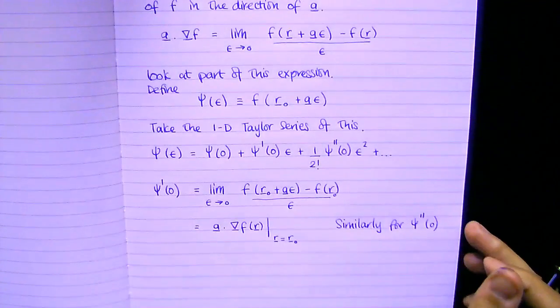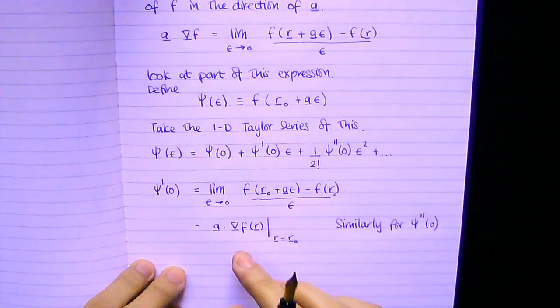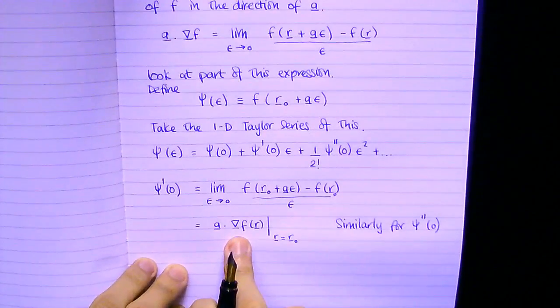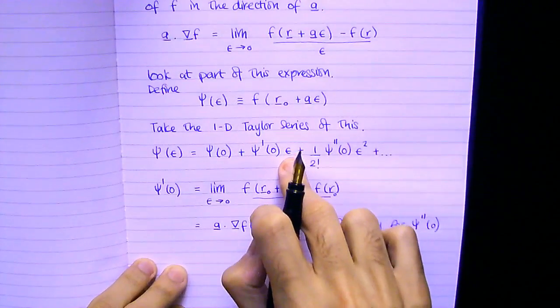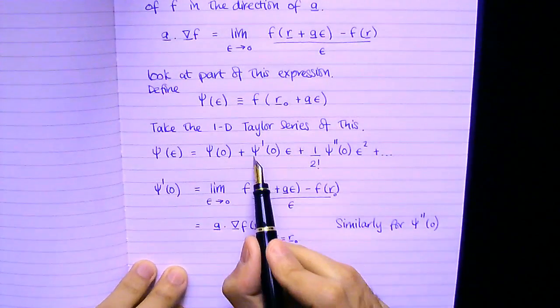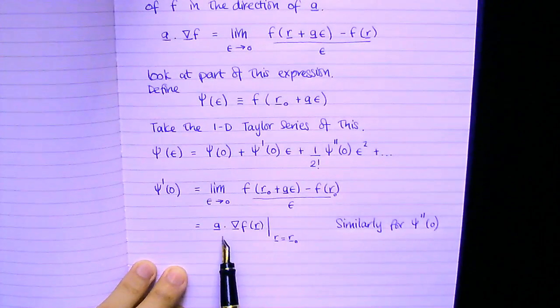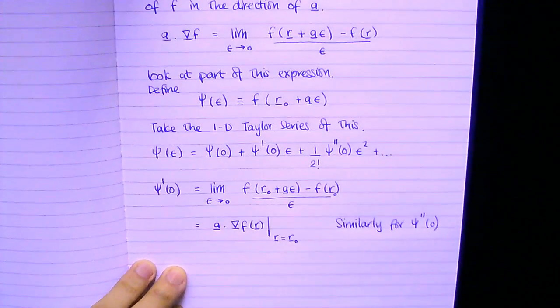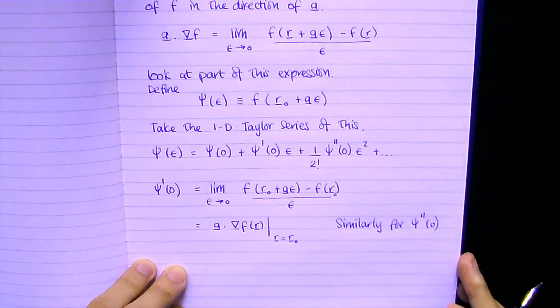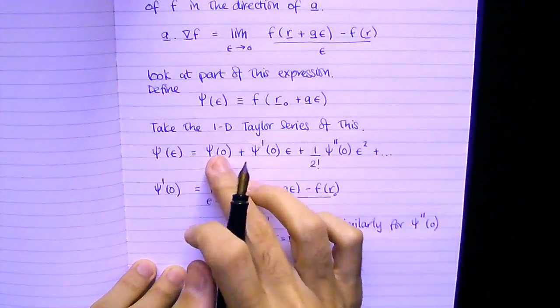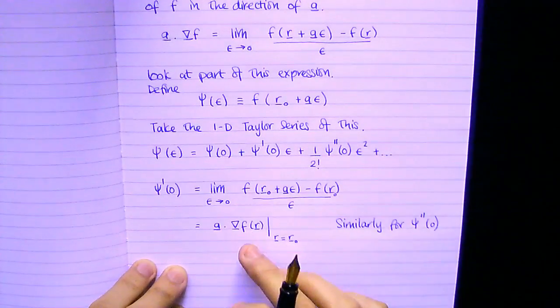So that's pretty straightforward. So I can put these expressions into this Taylor series. I'm going to replace these expressions with these sorts of expressions, and that will allow me to write down this Taylor series in terms of f now.